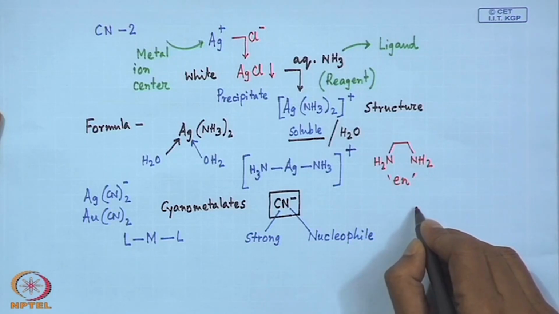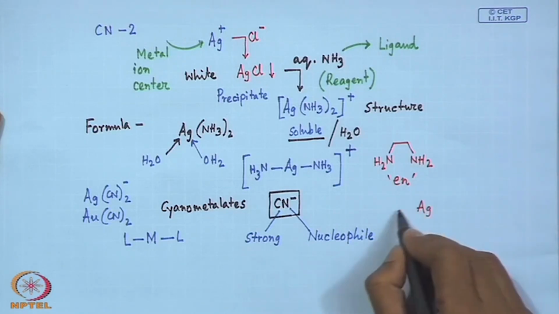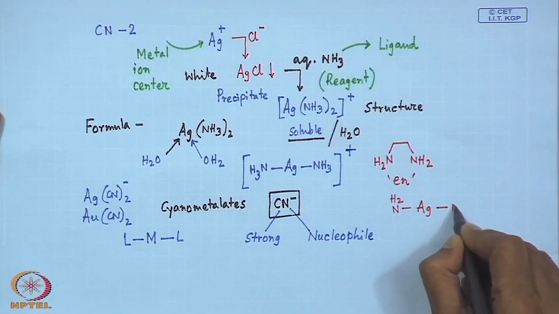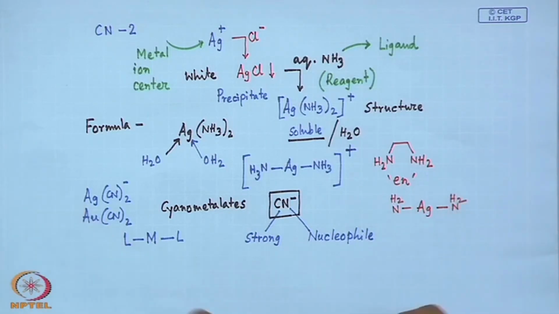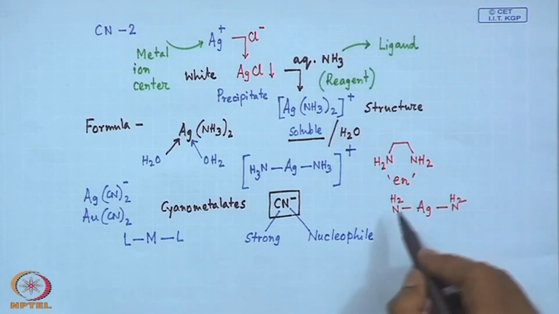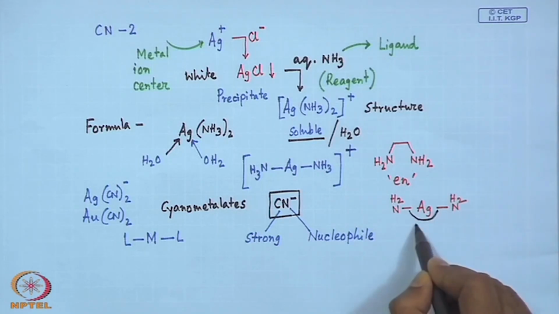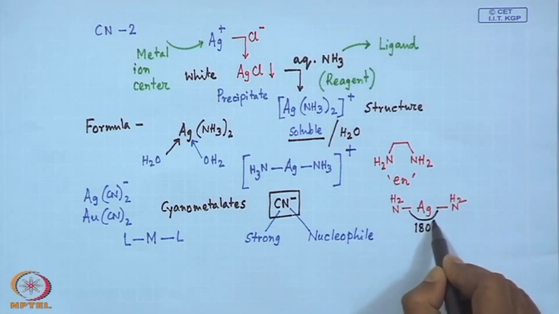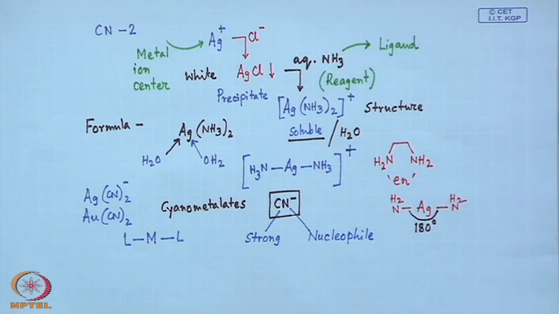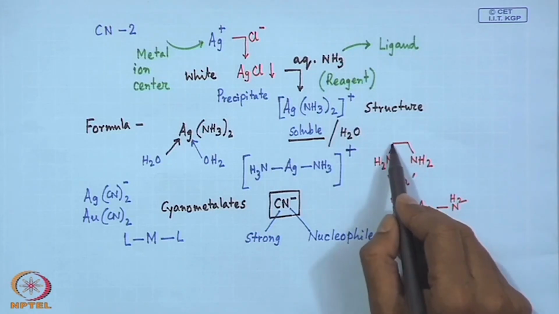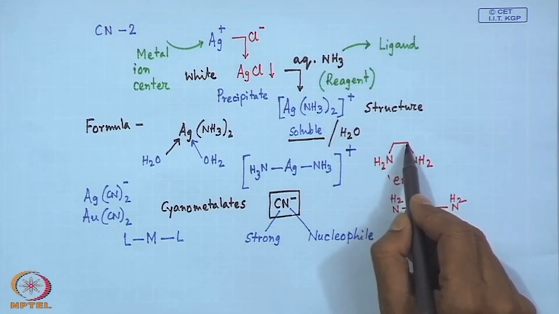If we have the NH2 function from this end and the NH2 function from that end, can it span an angle of 180 degrees, which is not permissible for a bite backbone such as ethylene?